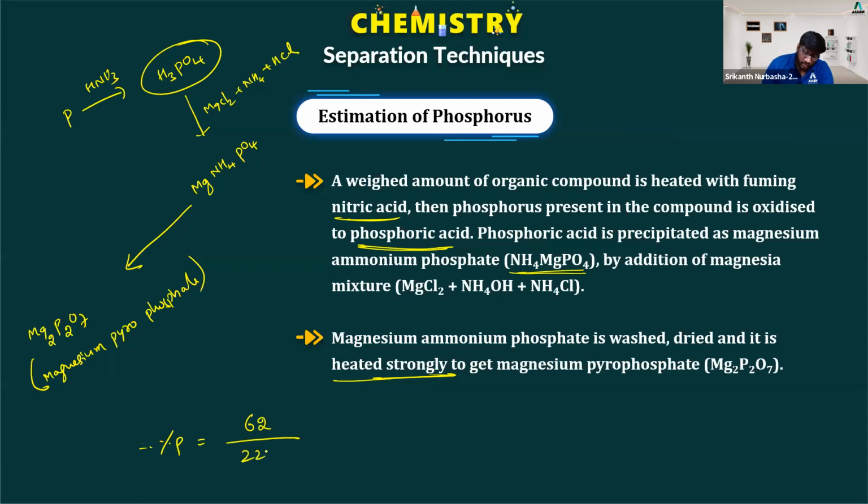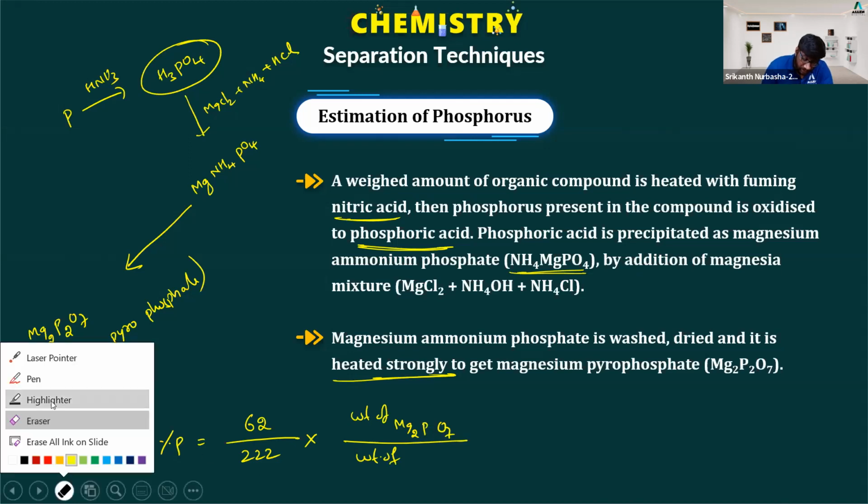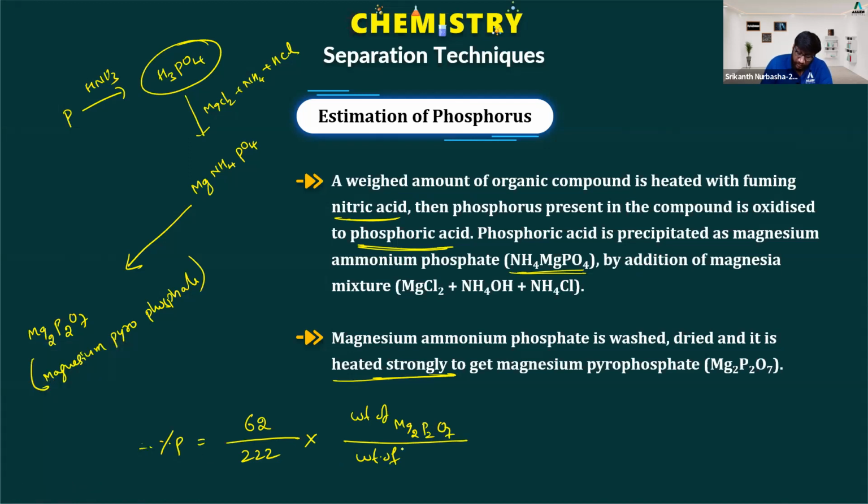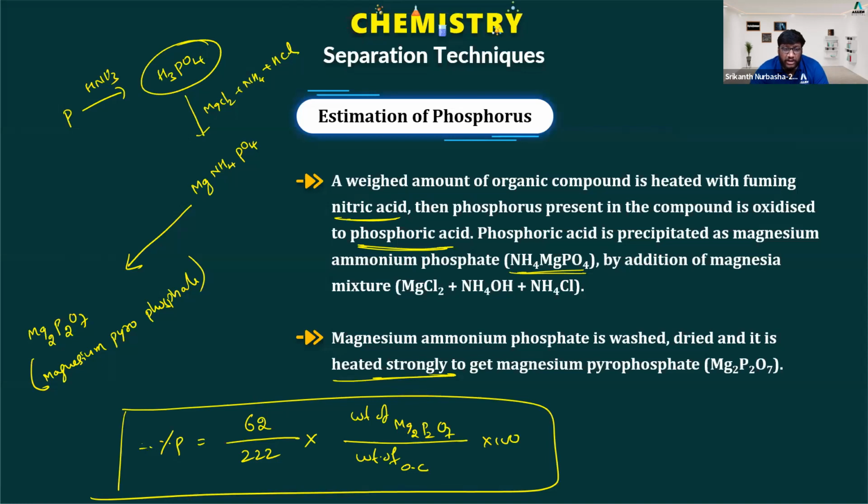So 62 divided by 222, into weight of Mg2P2O7 divided by weight of organic compound, into 100. This is the formula. Everyone got this or not? Yes, sir.